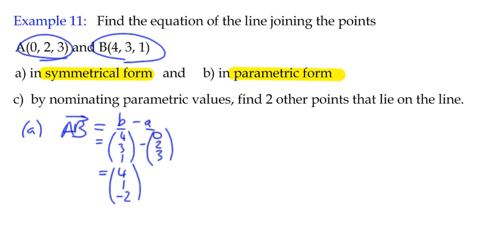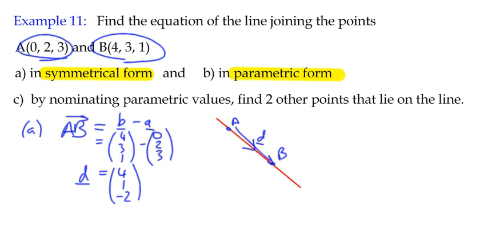So effectively we've got this line that passes through A and B, and the vector AB we're going to then say is actually our direction vector. So we can say that D is going to be that as well as AB.